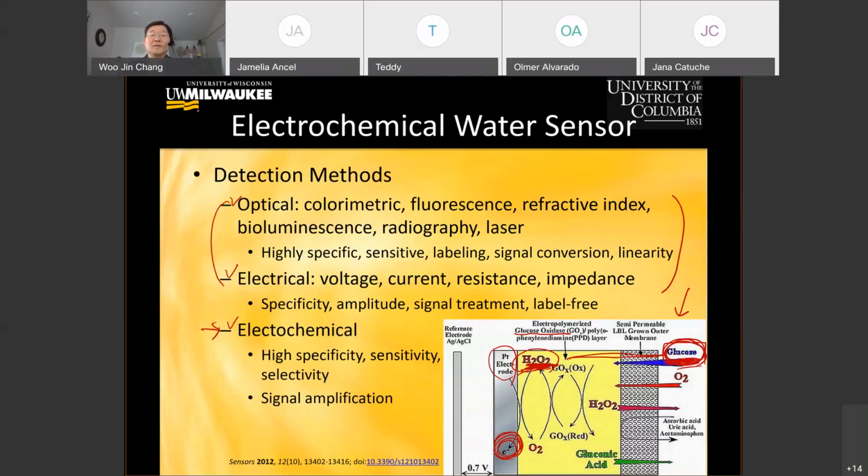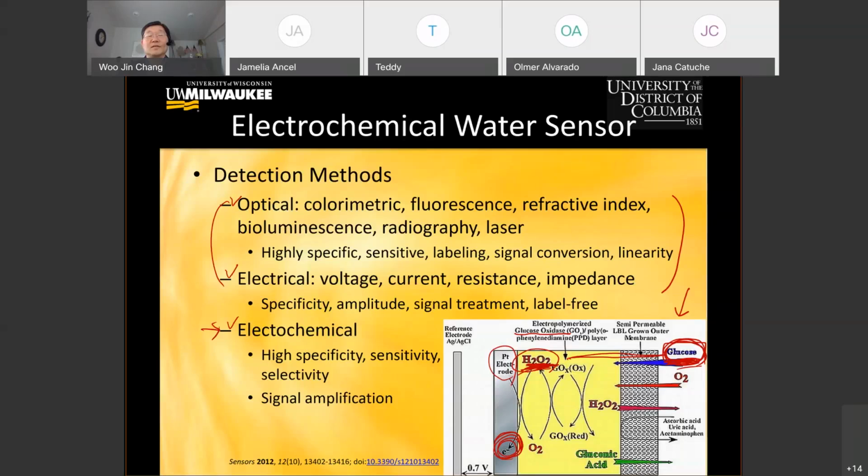So by using this method, we can calculate the amount of glucose dissolved in a blood sample.